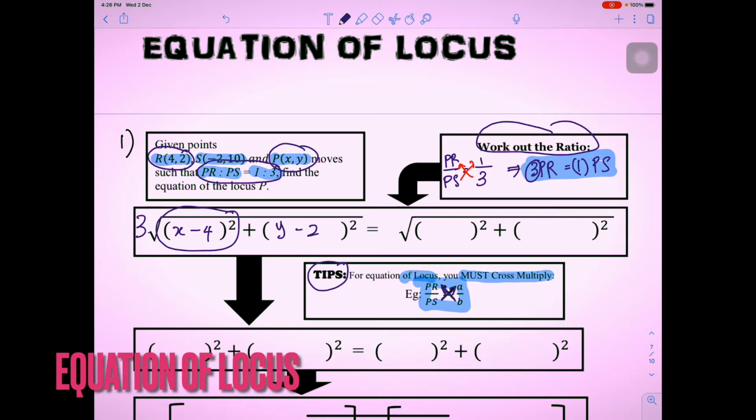So this is for 3PR. Now for 1 PS, or PS only. S is the point between the locus P and S, so x minus -2, which becomes plus 2, and then y minus 10.